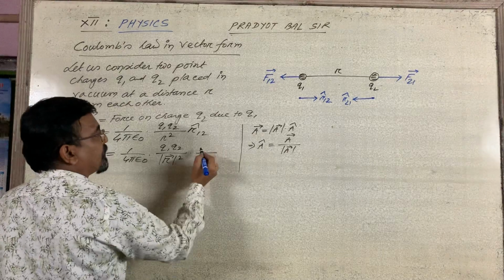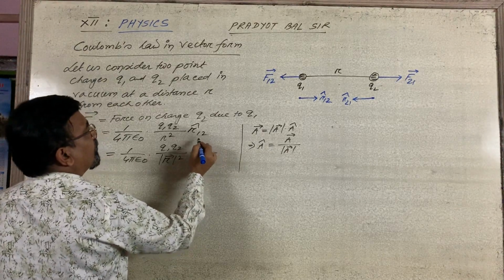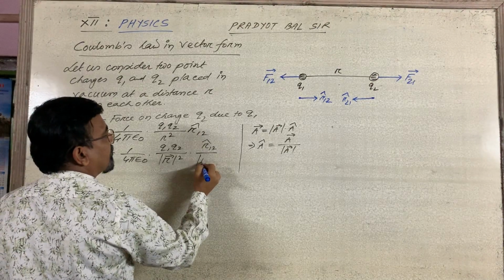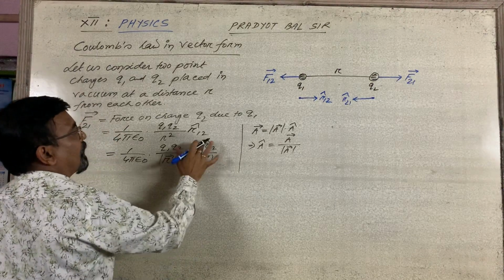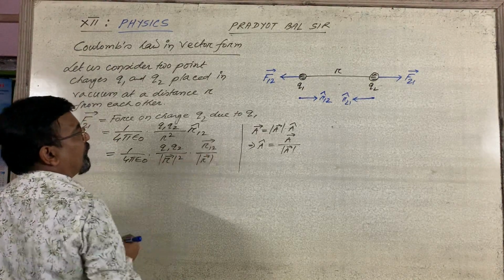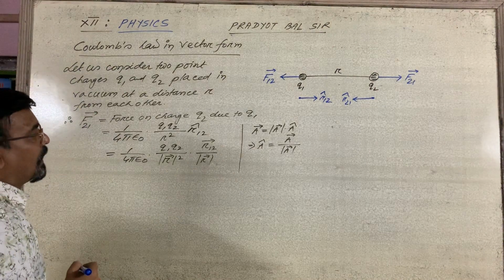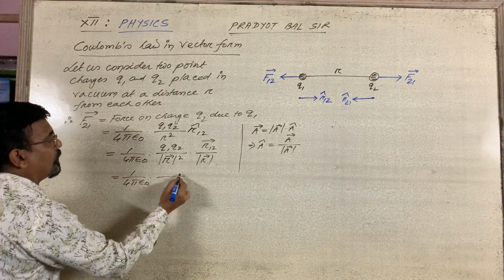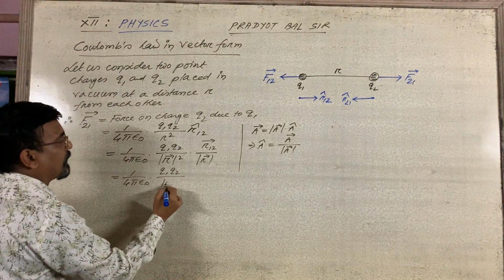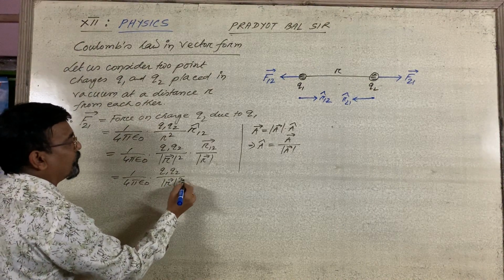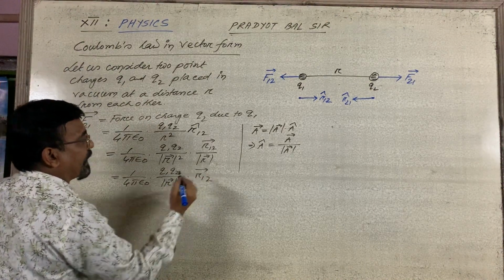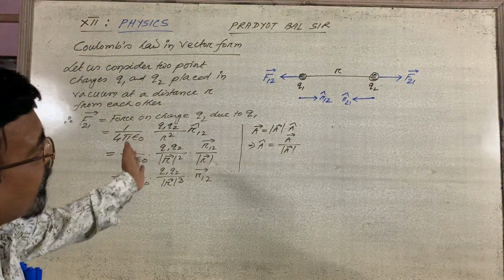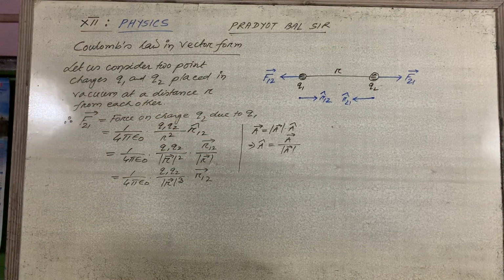Here cap means direction, so r cap 12 can be written as r12 vector by modulus r vector, which is equal to 1 by 4 pi epsilon naught Q1 Q2 by modulus r vector whole cube dot r12 vector. This is the force exerted on charge Q2 due to charge Q1.